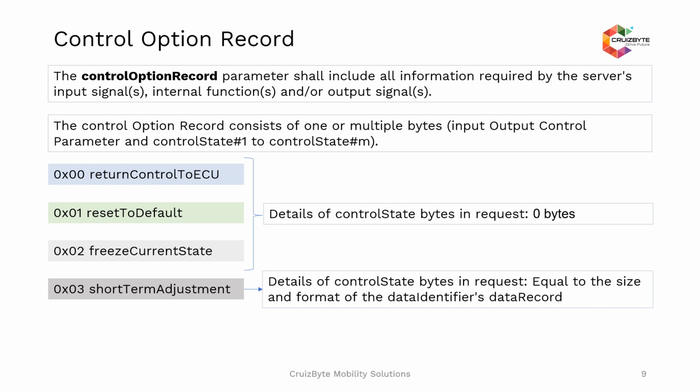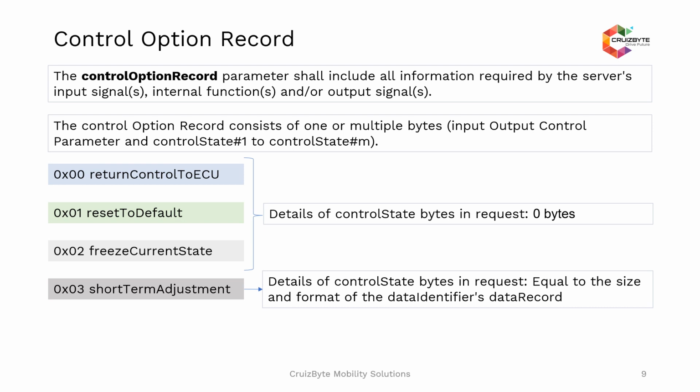There is one more thing we need to understand. There is one more parameter which is part of our request, called the control option record. This control option parameter shall include all the information required by the server: input signal, internal function and output signal. What does it mean? This control option record gives four kinds of possible parameters. I will go with 0x03, the bottom one.